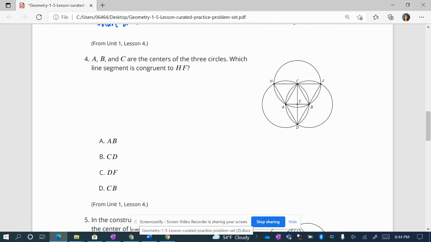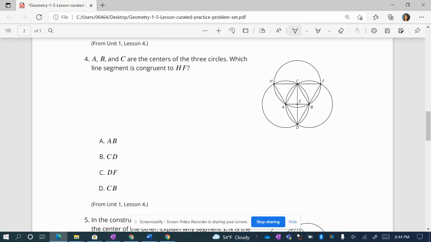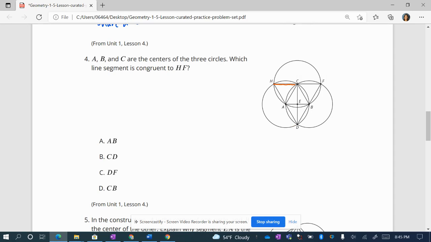A, B, and C are the centers of 3 circles. Which line segment is congruent to HF? All right, let's see what we got here. HF looks like it's the distance of 2 radii, also known as the diameter. First of all, we can prove that these 3 circles are equal because of their shared radius.